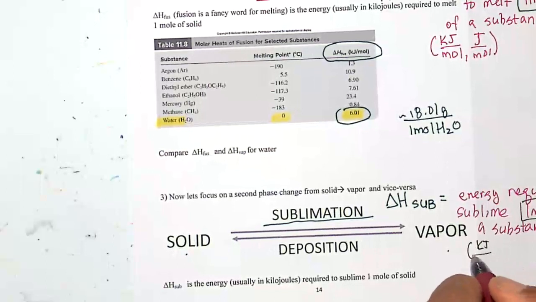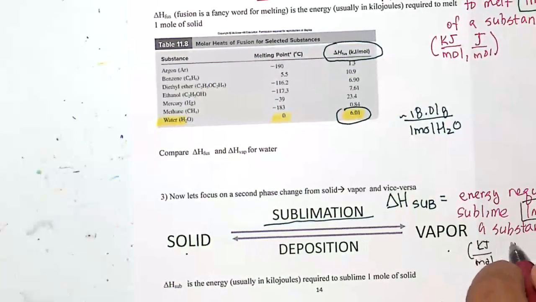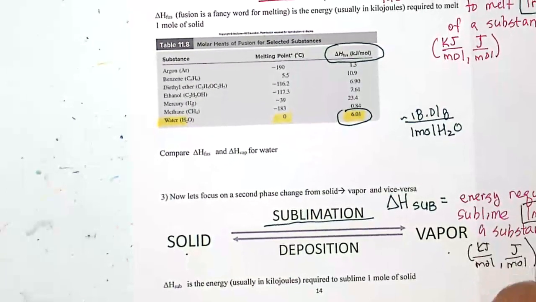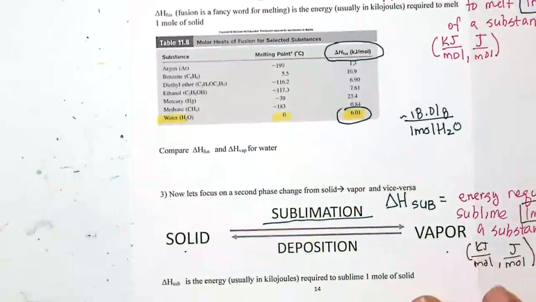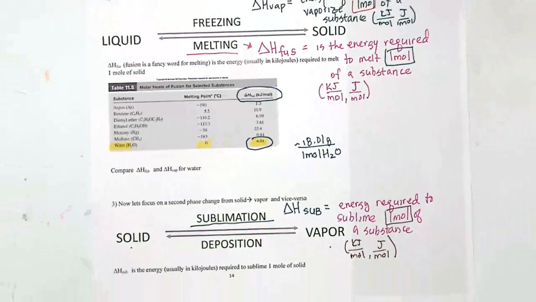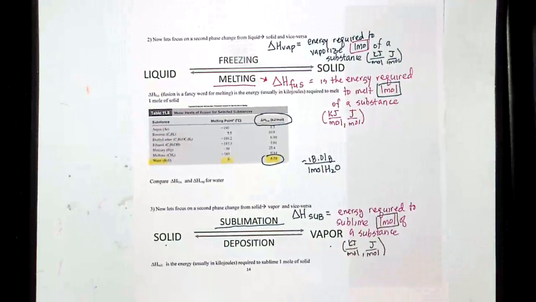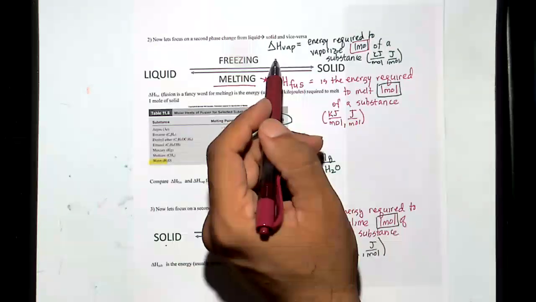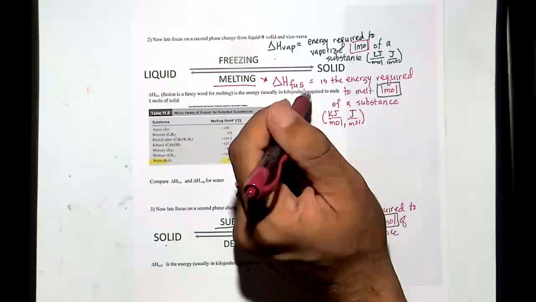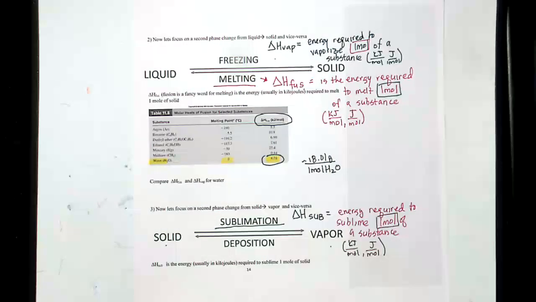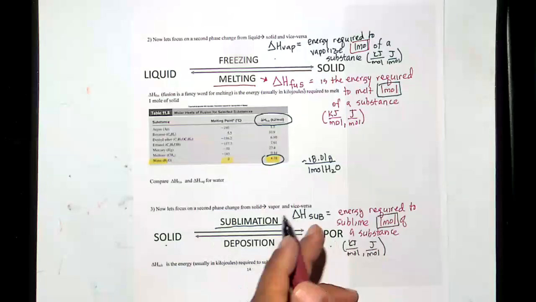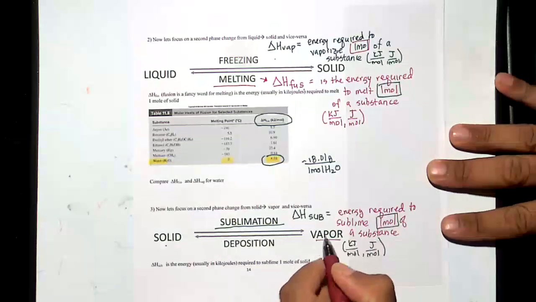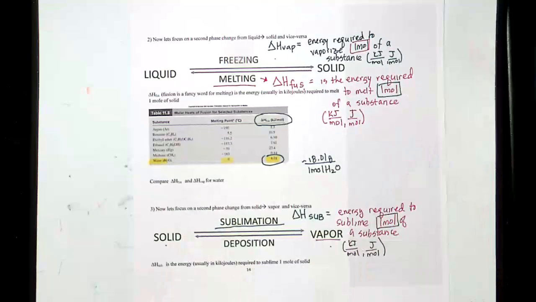And just like before, we're talking about kilojoules per mole or joules per mole. So we have the energy required to vaporize 1 mole of water or anything, the energy required to melt 1 mole of water or anything, and the energy required to sublime water or anything. By sublime, we mean the energy required to go from vapor straight to solid.